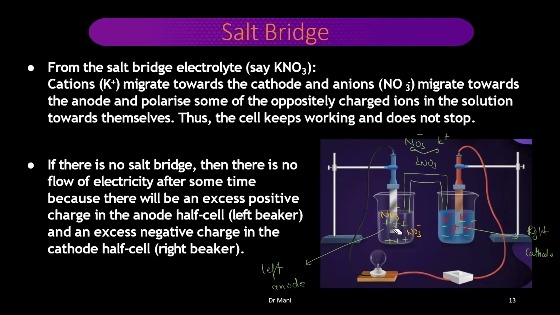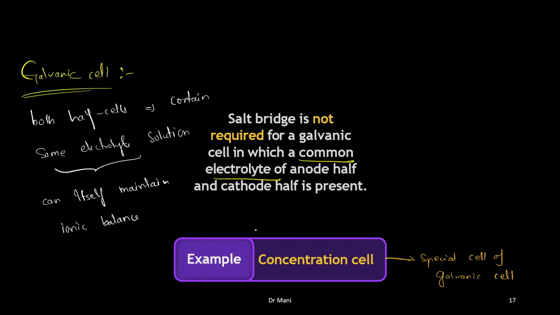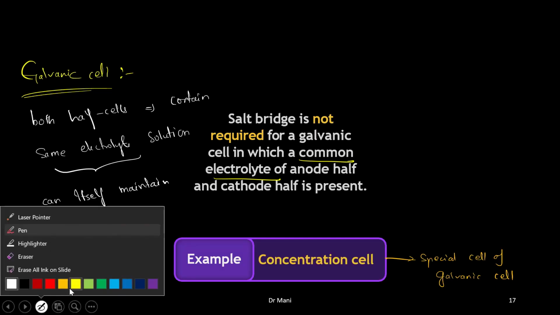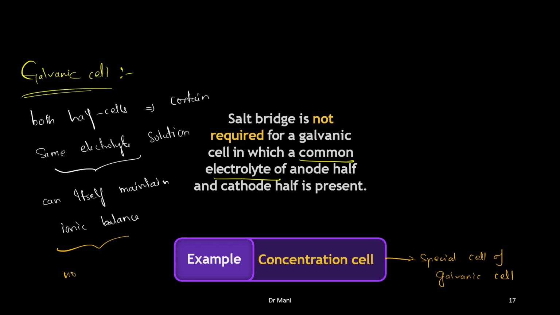If excess negatives are created here, these positives will go here, because both are the same chemicals. They can have direct contact. The solutions can contact each other, but that can't happen in these cells. It can happen in the galvanic cell. So this is the reason why there is no need of a salt bridge.